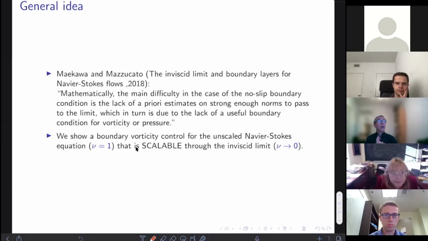Okay, so what is the main idea of our result, how do we get there? Well, reading stuff written by other people, I was really struck by the review of Maekawa and Matsukato.